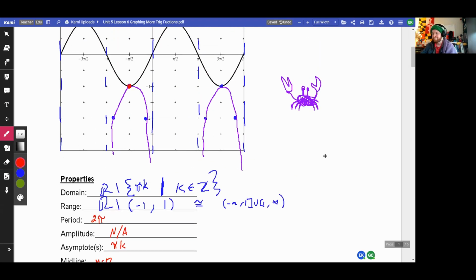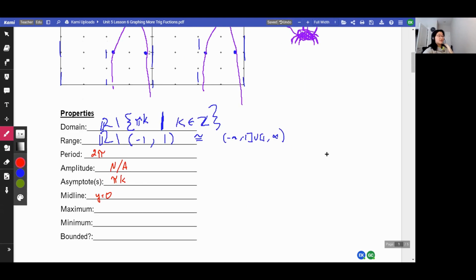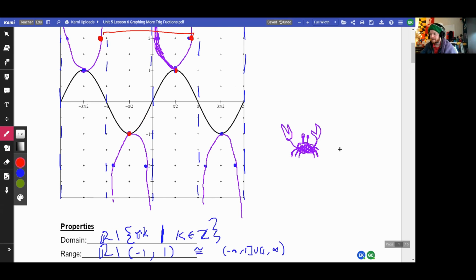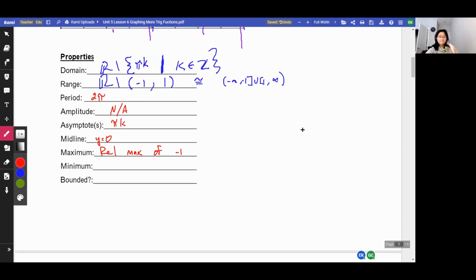Max and min. We have relative maxes and mins at all of our k pi over 2. Relative max of -1, right? On this interval right here, -1 is a relative maximum. And then 1 is our relative min. That's kind of funny.